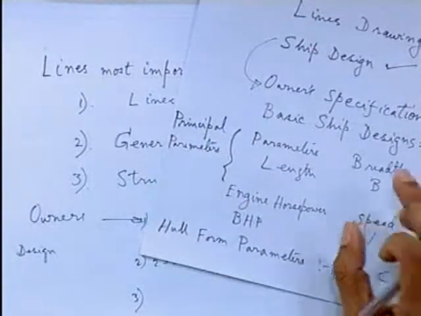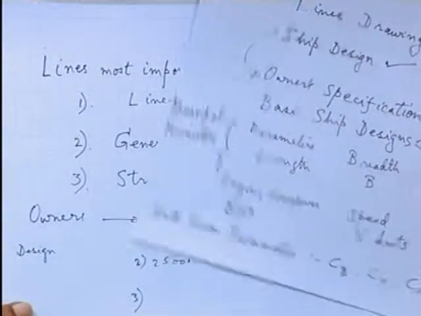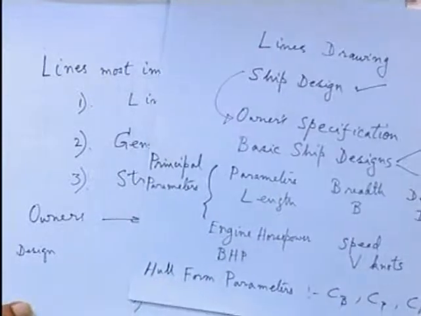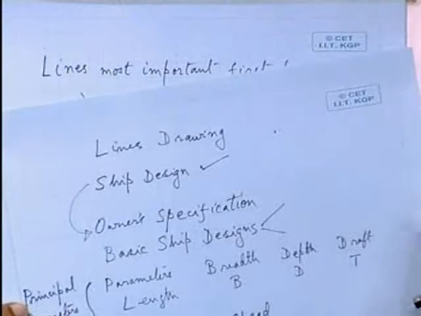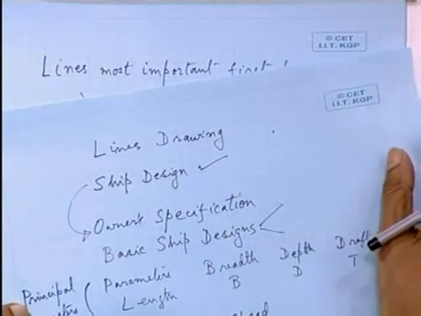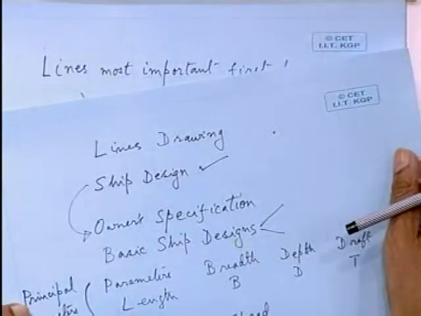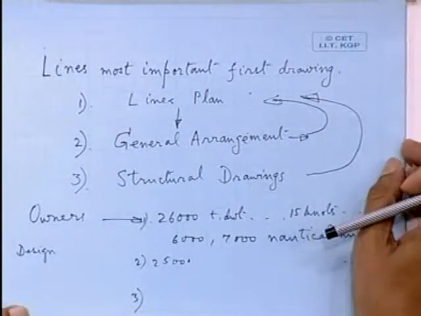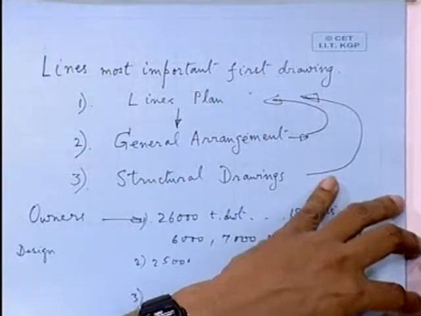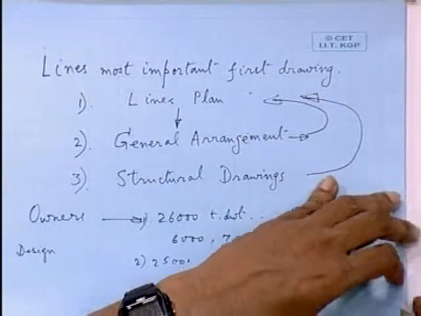So it is not just one particular design. Nowadays, because of so much detailing that has come into the ship design itself, one has to be very particular as to what one is giving to the owner. In a competitive environment, one just cannot get away with giving some kind of a substandard thing.